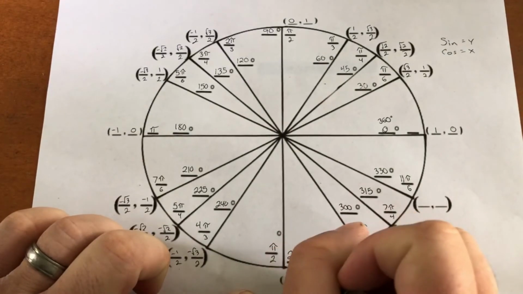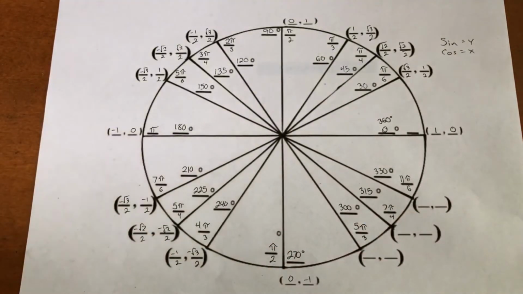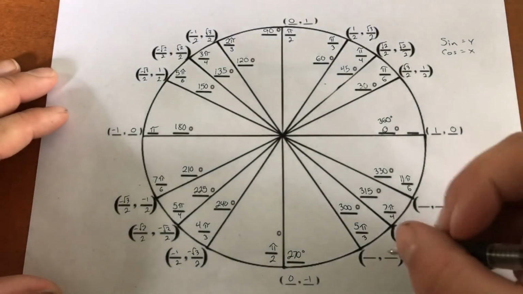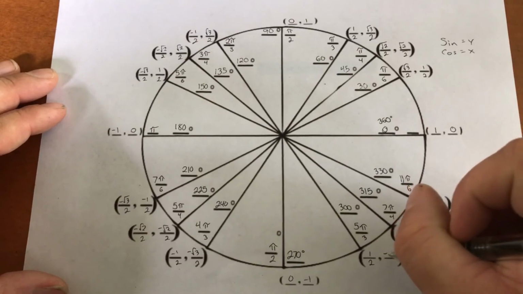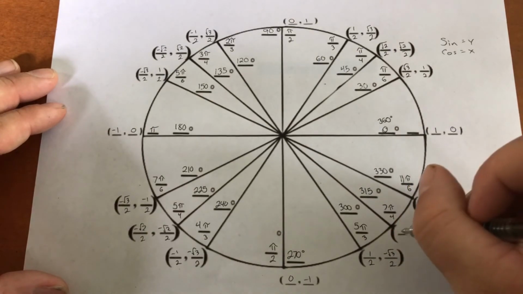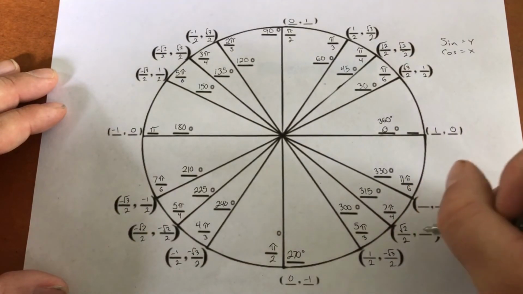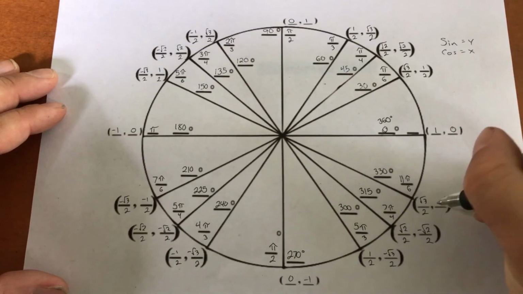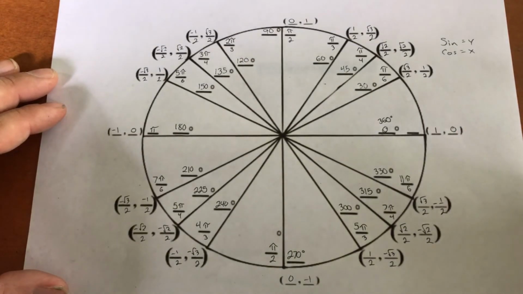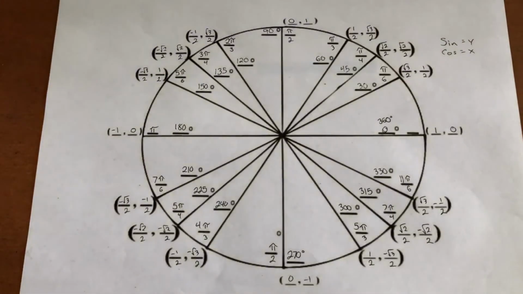This one gives me 0, 1, but it's negative because the y value is negative. Notice how it's a lot of the same values repeated, but just the signs are changing. This one right here I would have a positive x, but still a negative root 3 over 2: positive x, negative y.